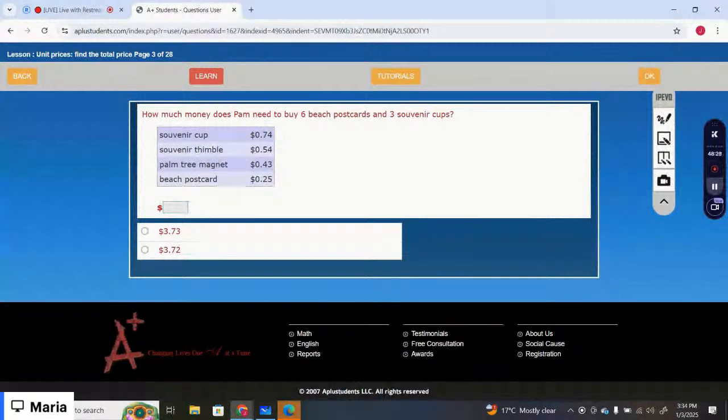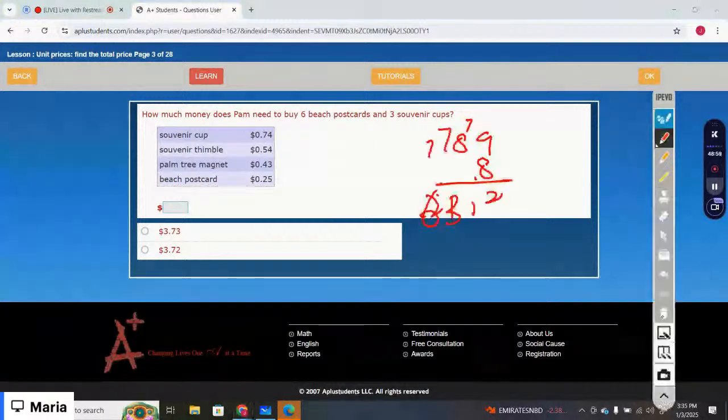How much money does Pam need to buy 6 beach postcards and 3 souvenir cups? So which is the correct option? 6 beach postcards. One postcard costs 0.25.